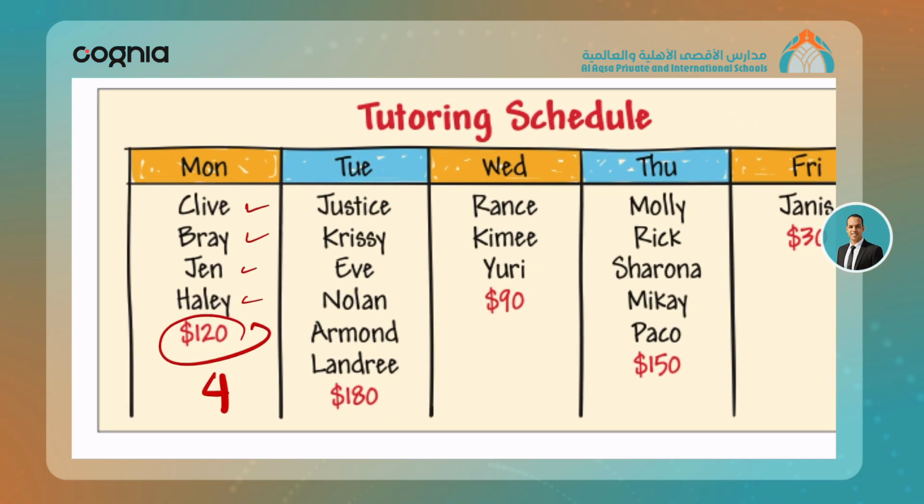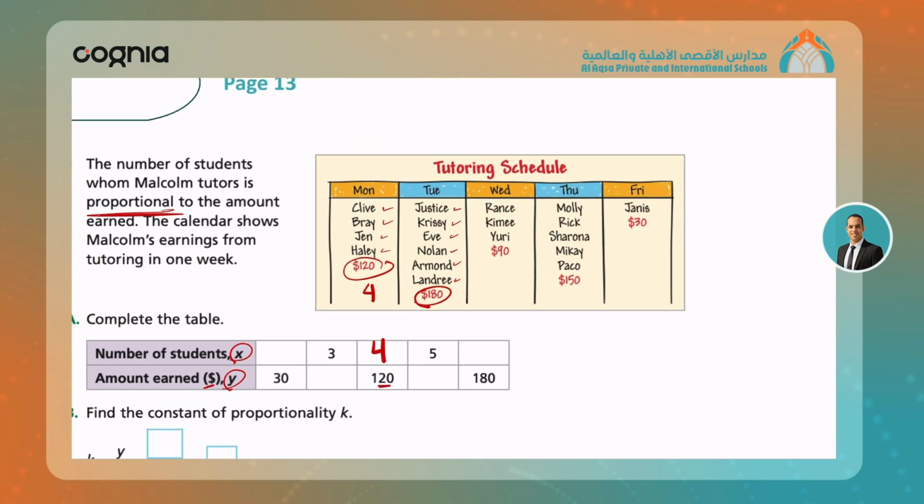On Tuesday, it's 1, 2, 3, 4, 5, 6 classes, and the total amount is 180. So for 180, we'll put here 6. And on Wednesday, 1, 2, 3, which is 3 classes for 90. So 3 classes for 90.